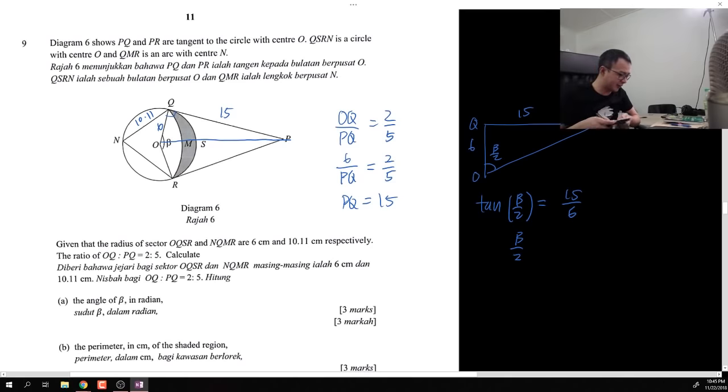How do you know whether it's 90 degrees or not? Whenever it's from a tangent point to the center point, it will always be 90 degrees. The radius 6 and 10.11 is given.